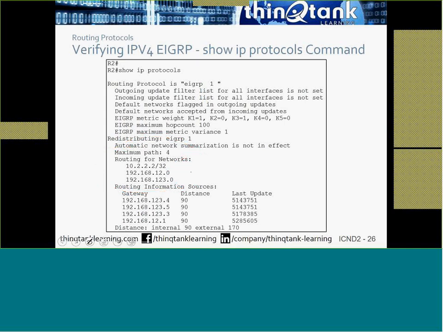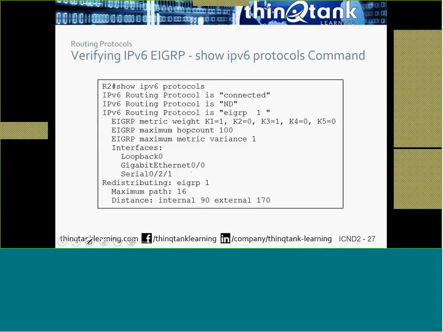All right. Show IPv6 protocols. Same kind of output. We already saw what connected and neighbor discovery was. We can also see now we're running EIGRP 1. These are our K values, variance. These are the interfaces that are running EIGRP for IPv6.